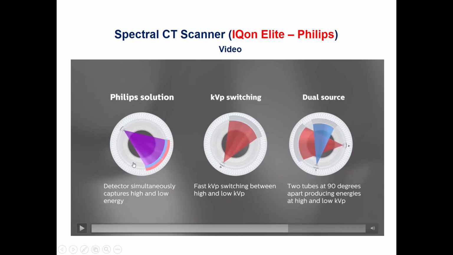The best solution will be the detector based, which has one detector, and the main difference is in the detector itself, which allows us to have a spectral CT. So this is the comparison between the different spectral CT scanners.